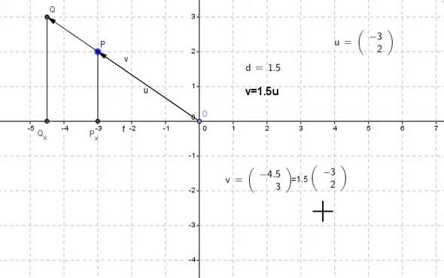The coordinates of the vector that I receive after multiplying by 1.5 are 1.5 times -3, which is -4.5, here -4.5, and the second coordinate is 1.5 times 2, which is 3, and here it is 3.